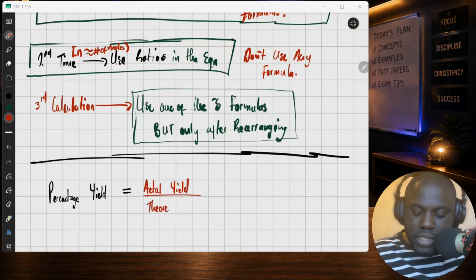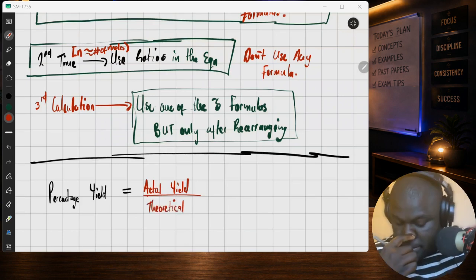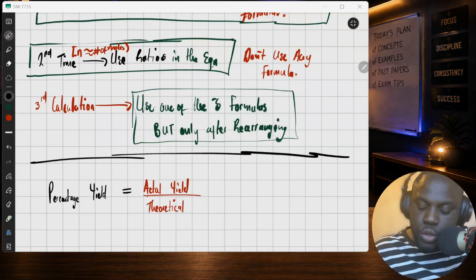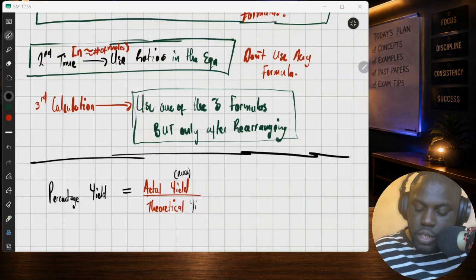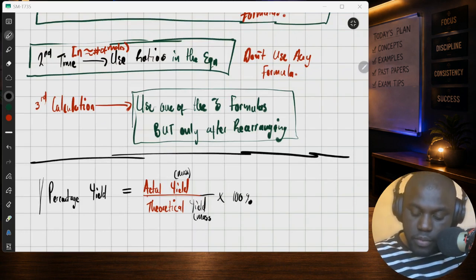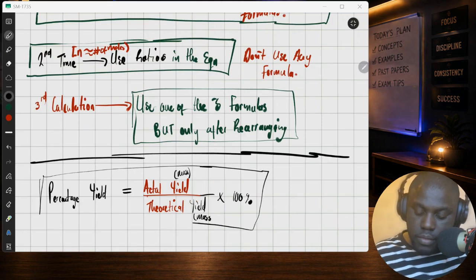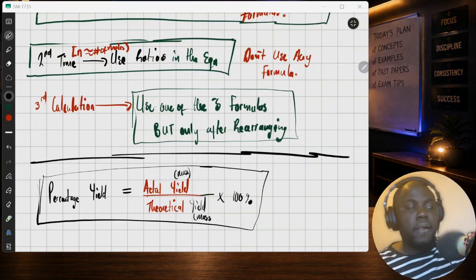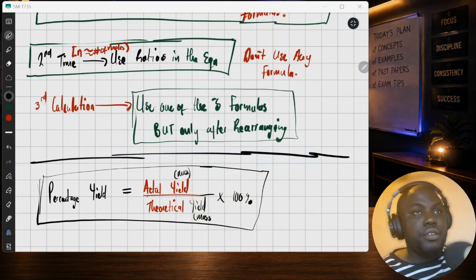By the way, the word yield just means mass. So actual yield, or mass, divided by theoretical yield, which is the mass again, then you multiply by 100%. This is how you get percentage yield.